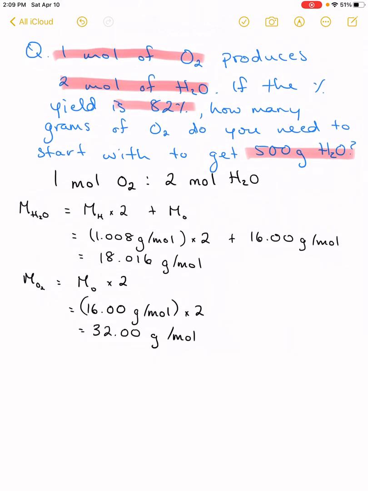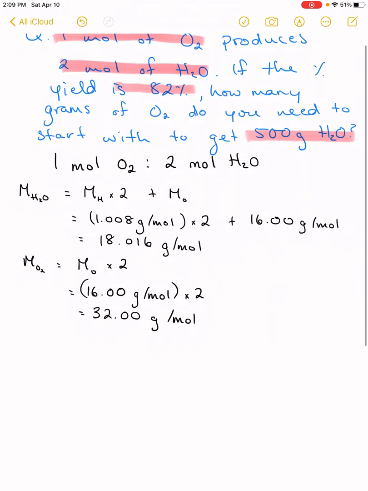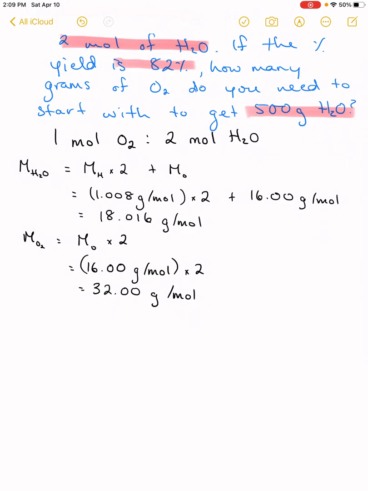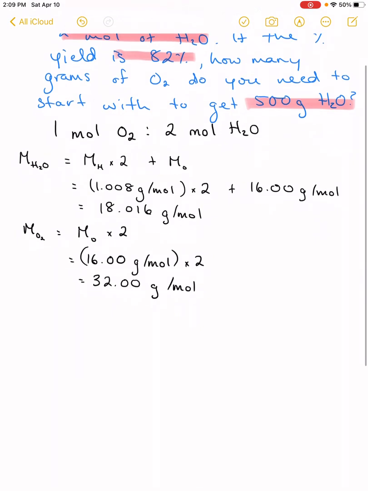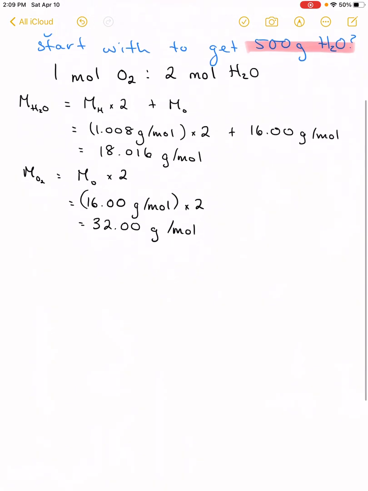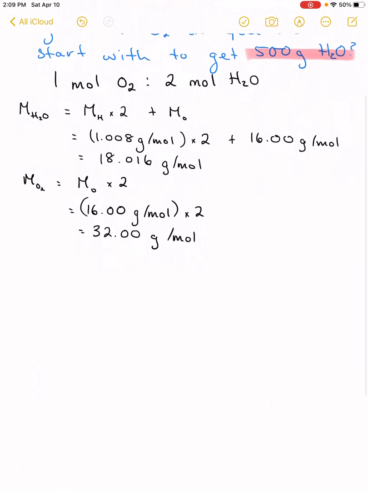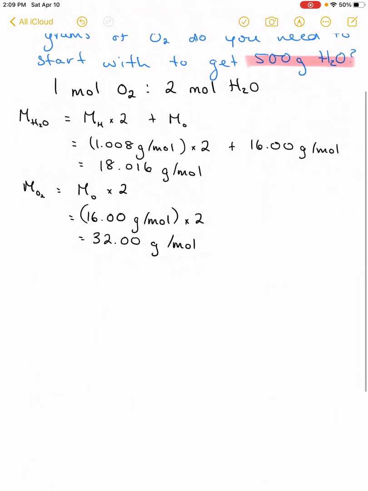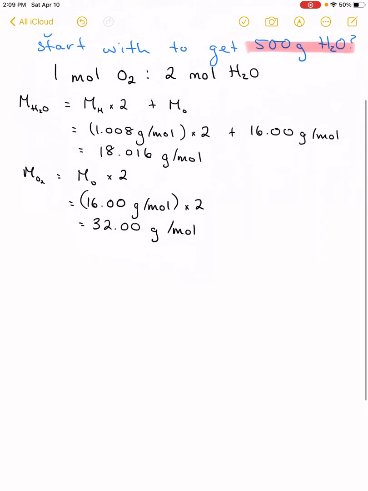So there's a couple of ways you can approach this problem. What I'm going to do is start with the mass of water. I want to convert that into moles. So the mass of water that I want to reach is 500 grams, and I want to figure out how many moles that is.